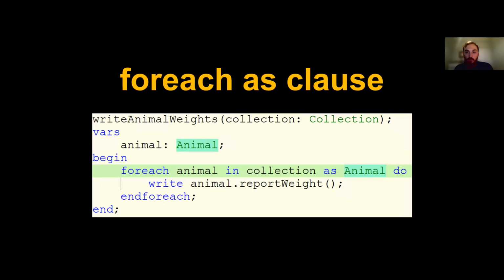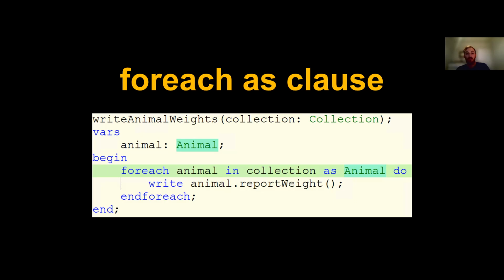In JADE 2020, we've also extended the foreach statement grammar to include a new as clause type expression. This is an optional expression that can be used to relax compile time checking of the foreach statement's target variable. Here is an example of an explicit type name being used to allow the target variable of type animal while iterating over a generic collection reference.